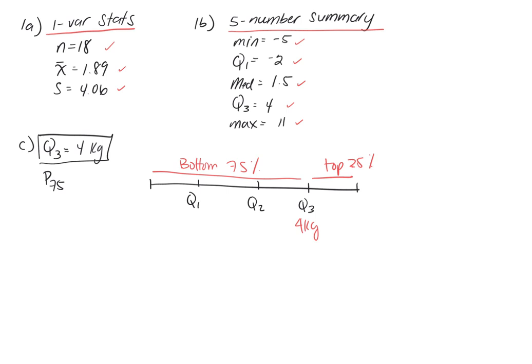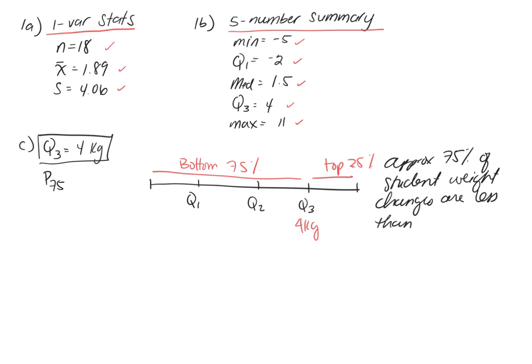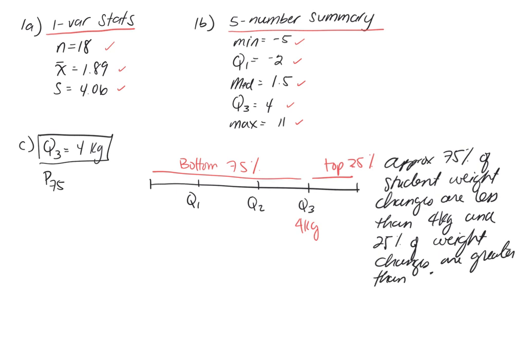So this is telling us that approximately 75% of student weight changes, and we're talking about in this sample, right, are less than 4 kilograms, and approximately 25% of weight changes are greater than 4 kilograms. Okay? All right.